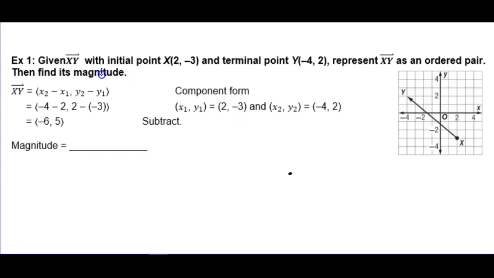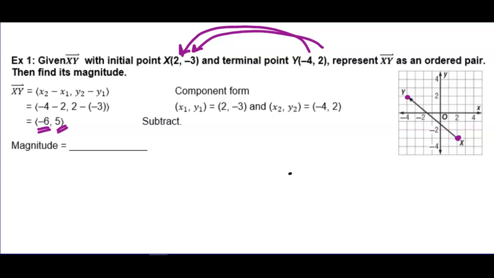So this one says we start with an initial point of 2, -3, so they plotted it here, and a terminal point of -4, 2. They plotted it here, and it was going from there to here. So what you're supposed to do is take the second one and subtract the first. So -4 minus 2 is -6, and 2 minus -3 is +5.